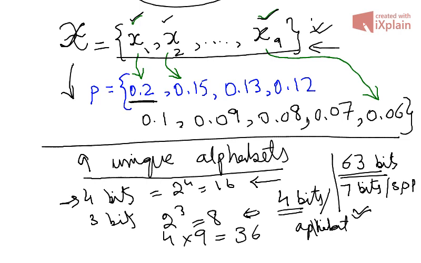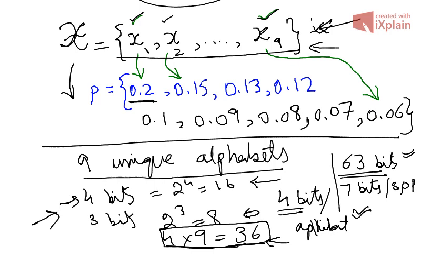So these 9 unique alphabets would require 36 bits of memory, right? Now in ASCII code it was 63 bits, and with a more memory efficient coding, we would say that we can have 36 bits of memory.